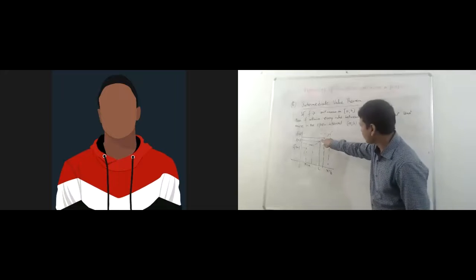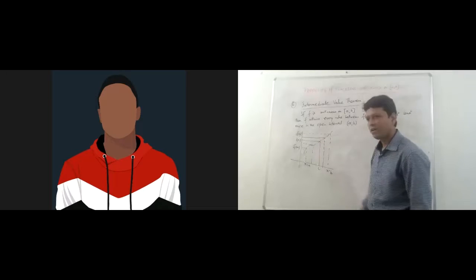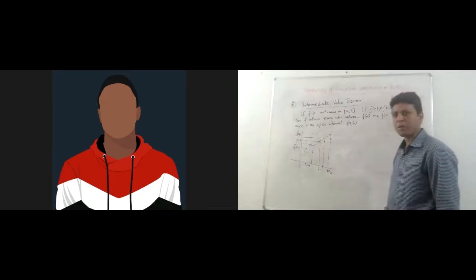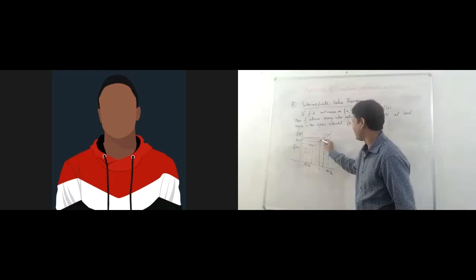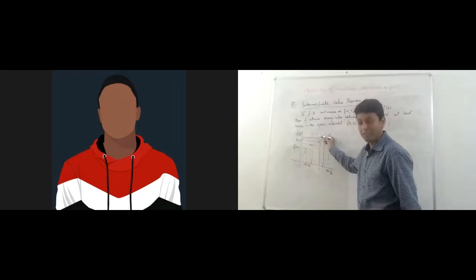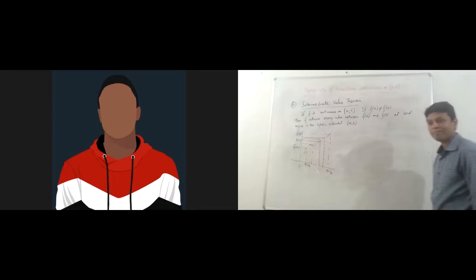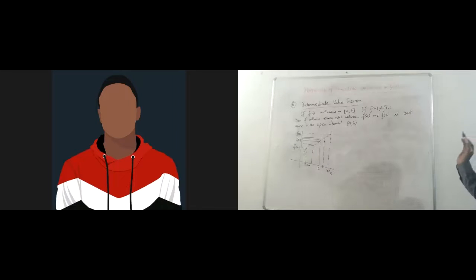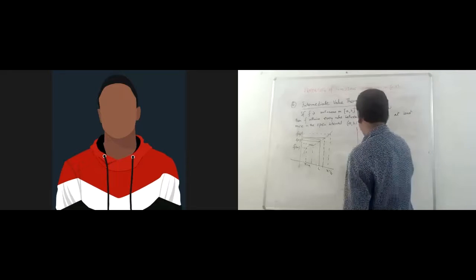But if it is discontinuous somewhere, will it be possible? If you draw a horizontal line, it cannot cut the curve, you cannot get the point. Have you understood the intermediate value theorem? Let me draw another diagram where you have more than one point.